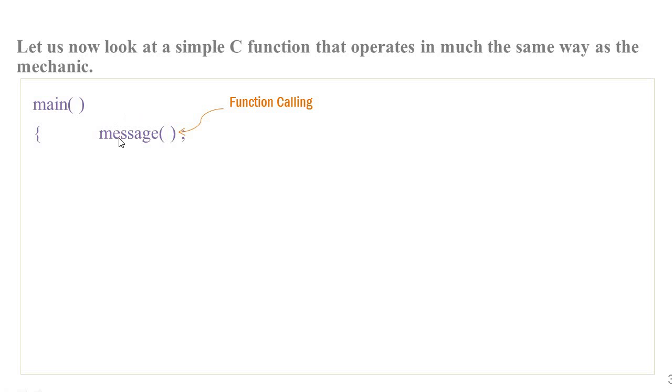Over here, message is the name of the particular function. Every function call is a function name followed by parentheses, and after that a semicolon. If there is a semicolon, that means it is a function call.